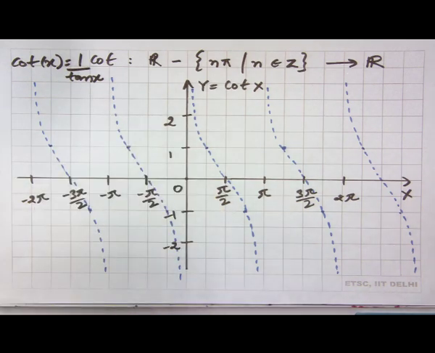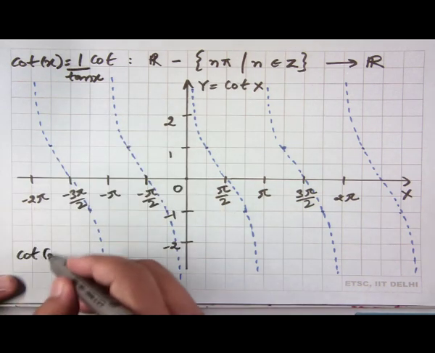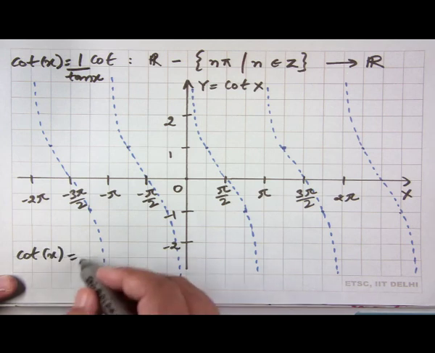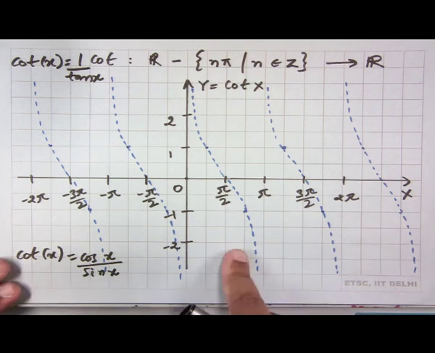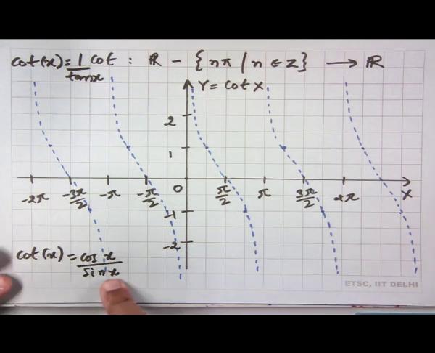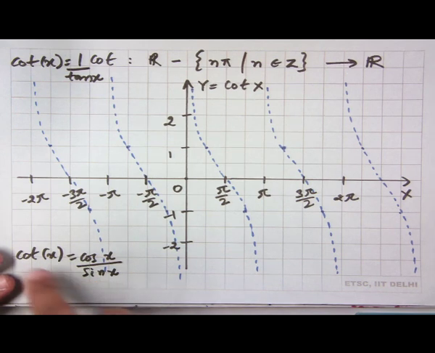So, cotangent x is equal to cos x over sin x. And therefore, whenever x is an integer multiple of pi, sin of x is 0, and therefore, cotangent of x for x being integer multiples of pi is not well defined.